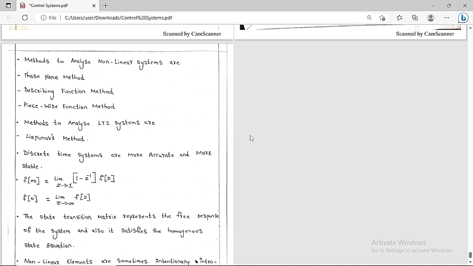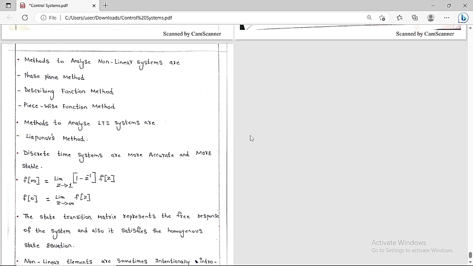So the methods to analyze the non-linear systems are the phase plane method, describing function method, and the piecewise function method. Whereas the method to analyze the LTI systems is the Lyapunov method.